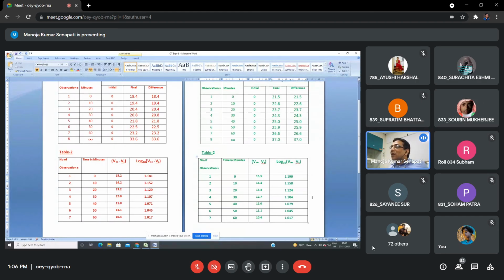Okay, so see how to plot the graph. Both of you listen, both the groups. In the x-axis, you have to take the time. You can take 2 centimeter equal to 10 minutes.